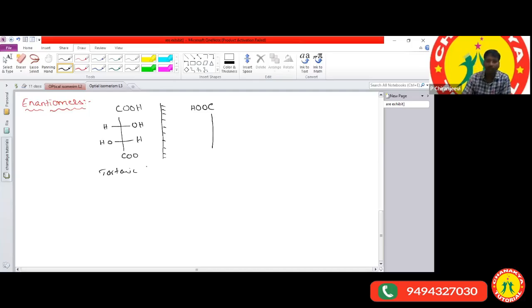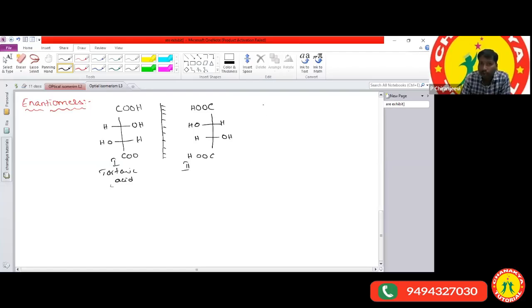The mirror image becomes like this: OH, H, and H, OH, and COOH. Let's call this structure 1 and this structure 2.